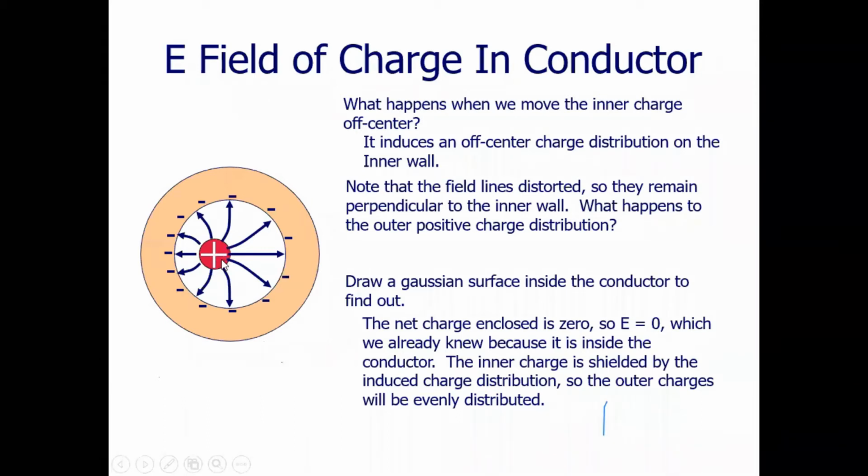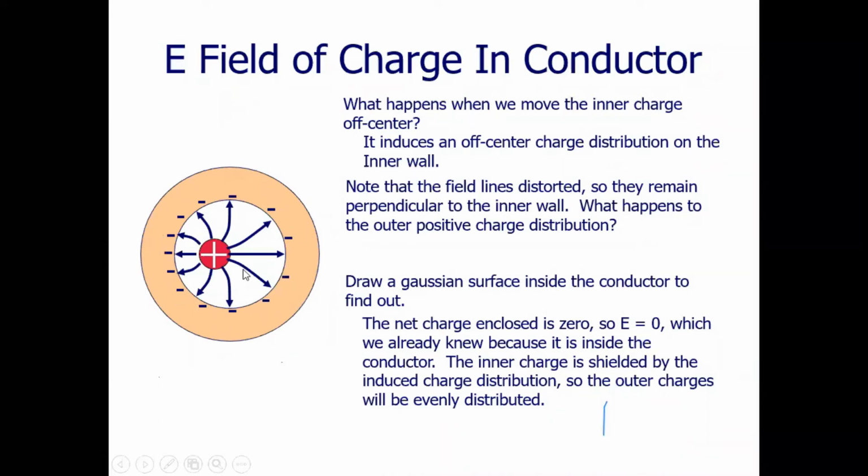Yes. I think it's because of the negative charges which have been induced. Because when you talk of the total charge enclosed, they are going to cancel, because the positive charge has induced the opposite charge of the same magnitude. Exactly.